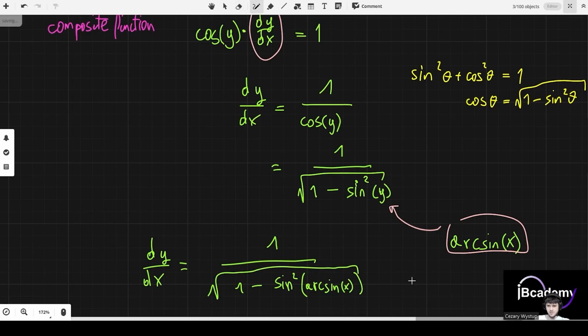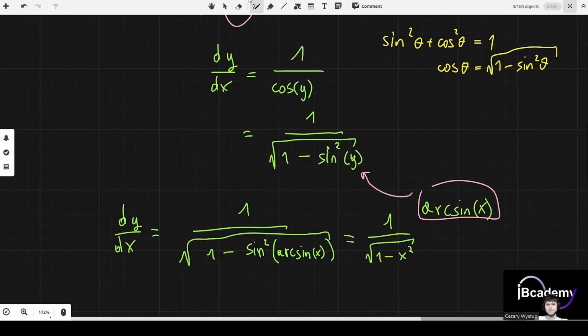But you should be able to just see it straight away and write this instead. Remember this is squared here, right? So I get an x squared. And now, yeah, so that's our dy dx.